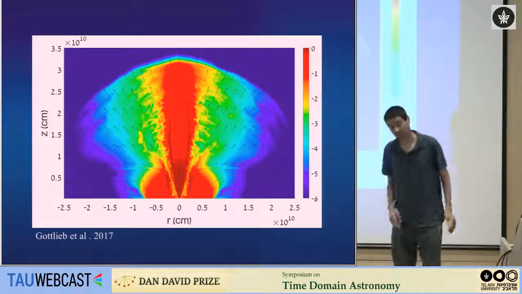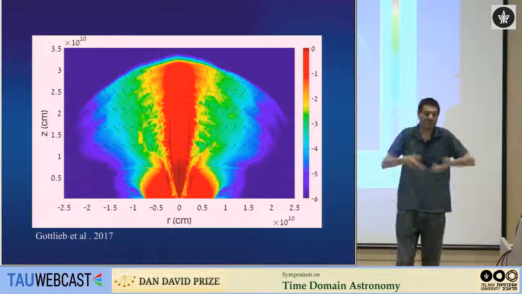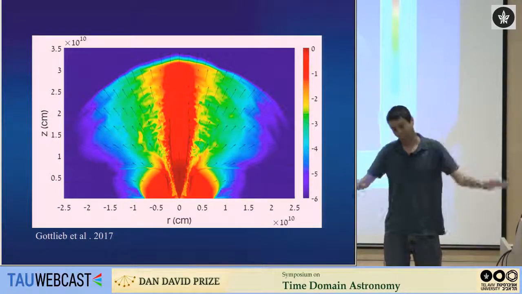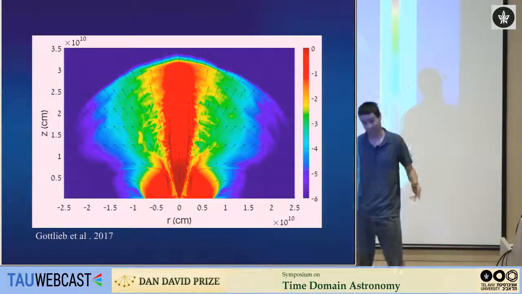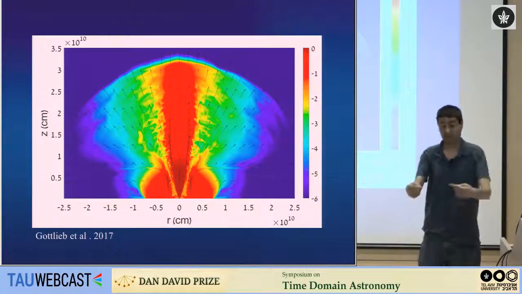Before that, we have material coming from the dynamic ejecta, and we have also a lot of wind coming from the hypermassive neutron star and from the disk. So we have about 0.1 second where a lot of material has time to expand. And then the jet is launched.